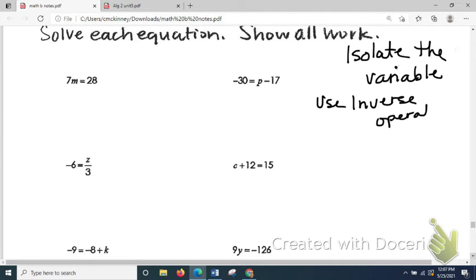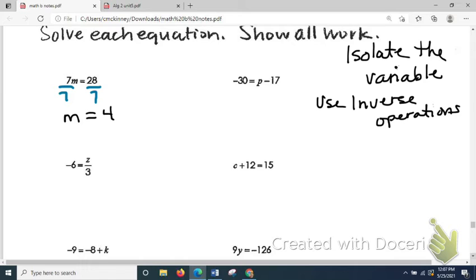We're always going to be doing the opposite of what we see that's happening. So when I see 7m is equal to 28, to get rid of that 7, we will need to divide both sides by 7. And whatever we do to one side, we're always going to do to the other side. When I divide by 7, I get m is 4.